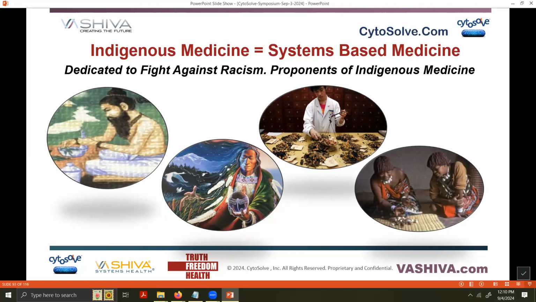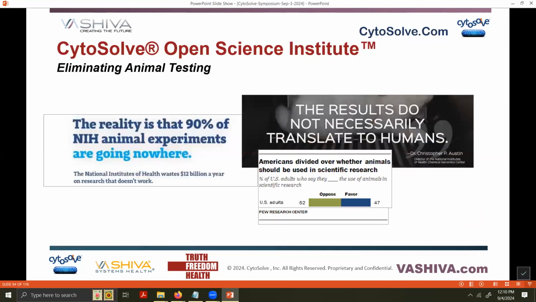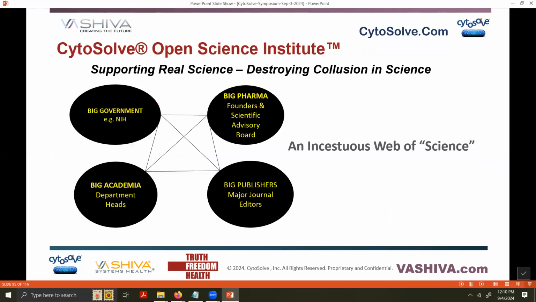And CytoSolve gives a powerful platform to extract those molecules from the natural foods and create optimized synergistic products that actually work. This is also done without doing any animal testing. It is all done computationally, so we don't need to kill animals to create new products.